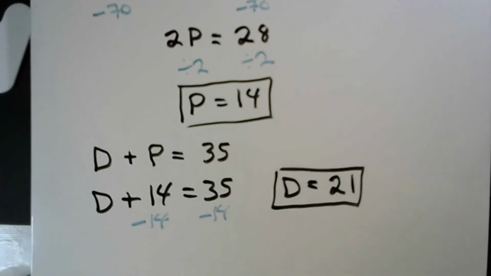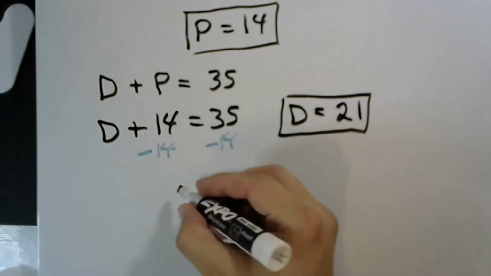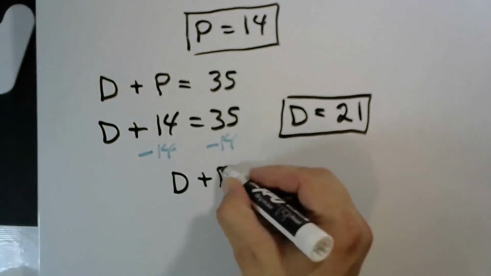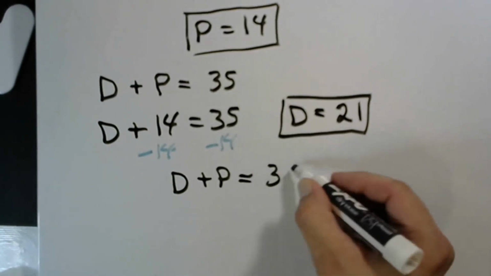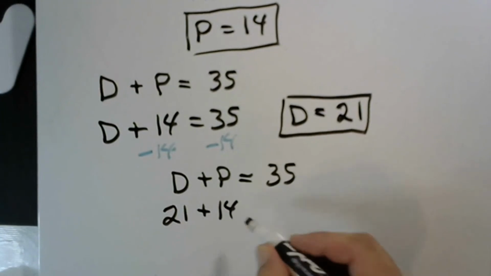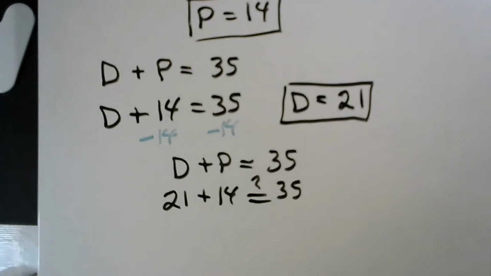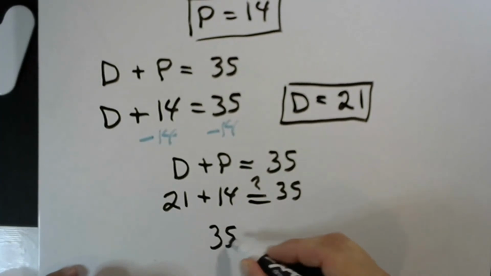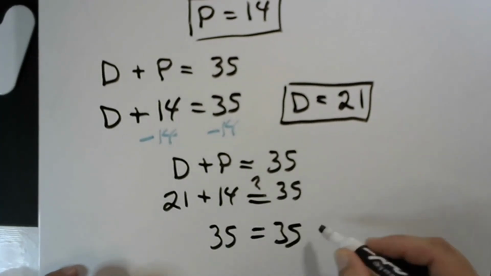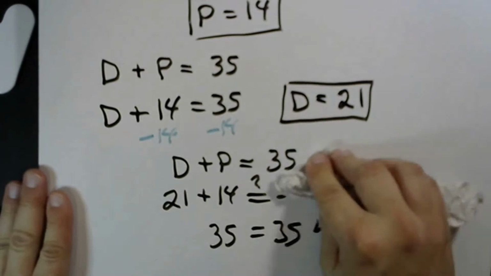Well, is there something we can do to check it? Well, there is. We need to make sure that p plus d equals 35. Or is 21 plus 14 going to be 35? And sure enough, it is. So it works. Now there's another check we can do though. Let's check this.